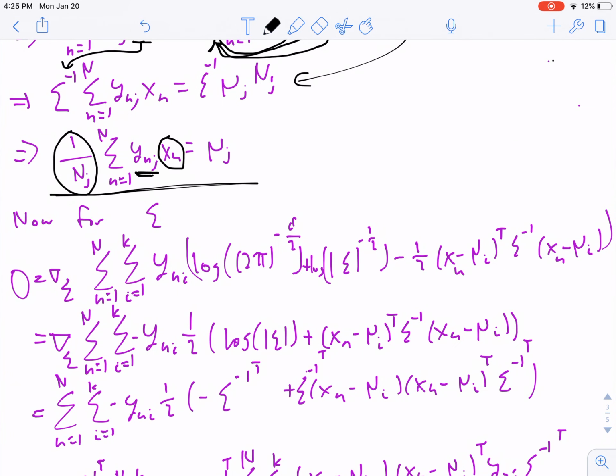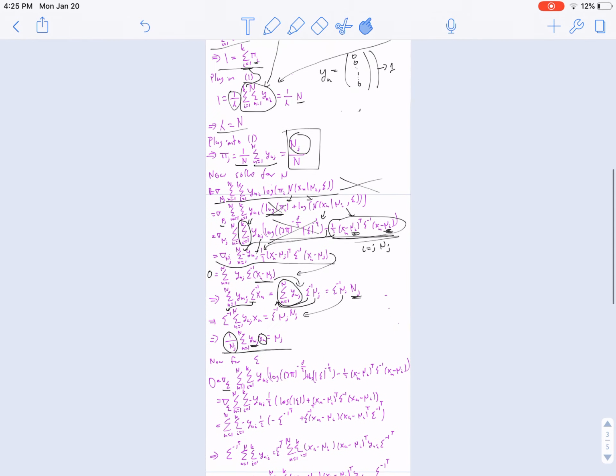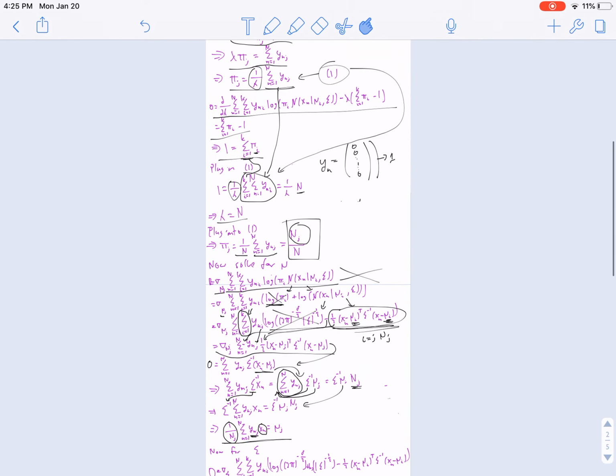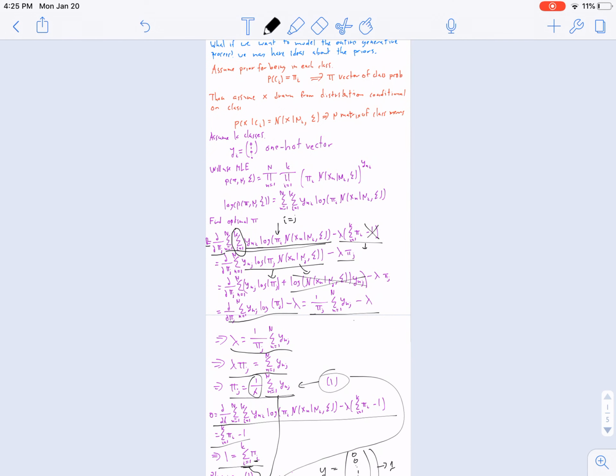First we're going to take the gradient with respect to sigma, and we take the gradient of the likelihood. Note that the likelihood does include this pi term, but pi_i has no dependence on sigma.